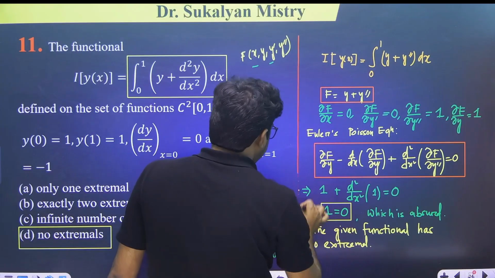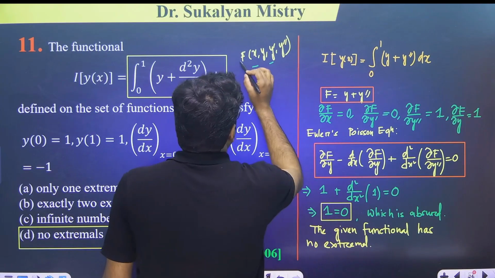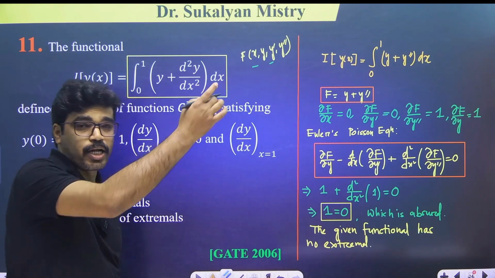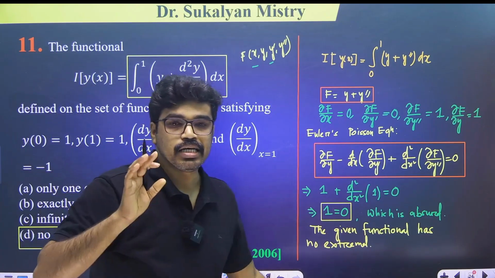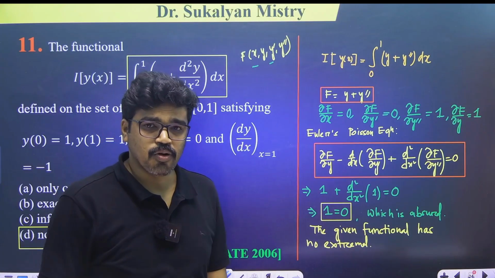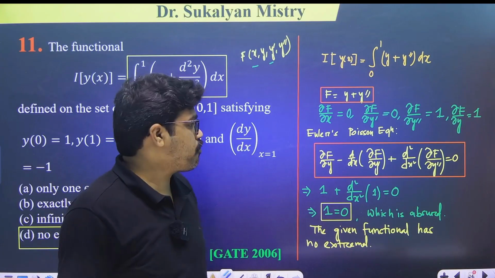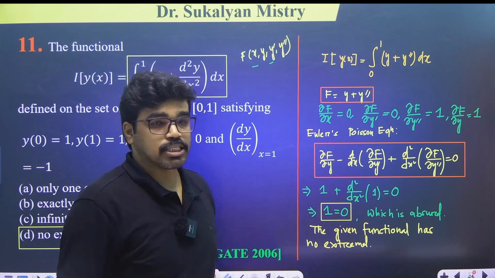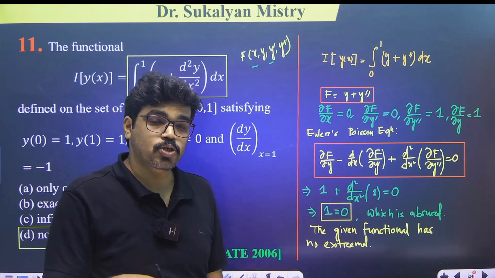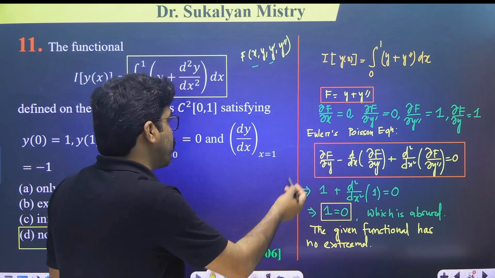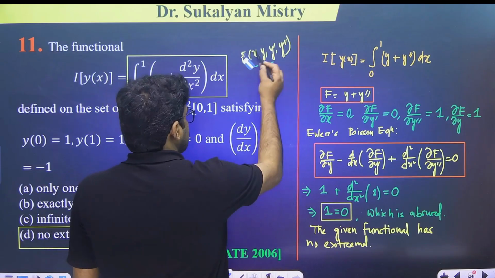So if f is a function of x, y, y dash, y double dash, we have to apply this result, that is del f del y minus d/dx of del f del y dash plus d2/dx2 of del f del y double dash is equal to 0.